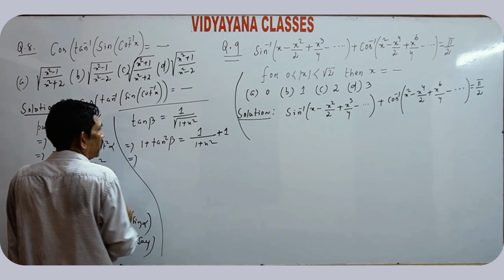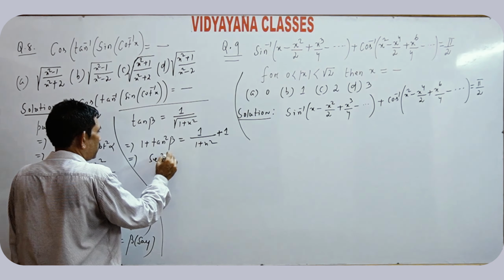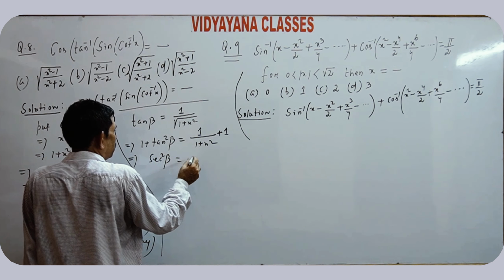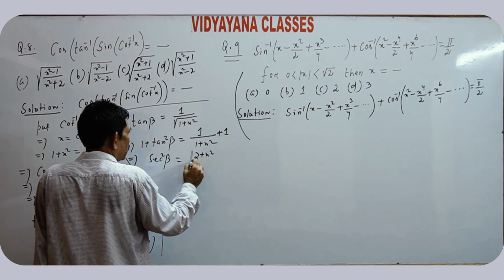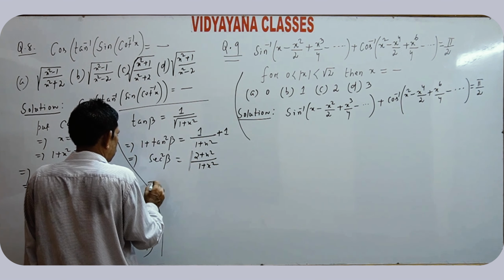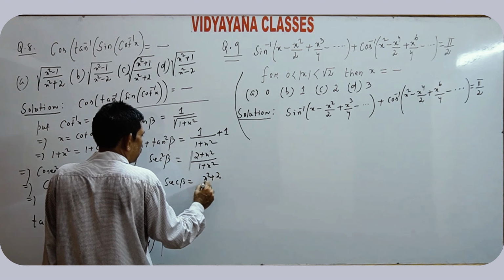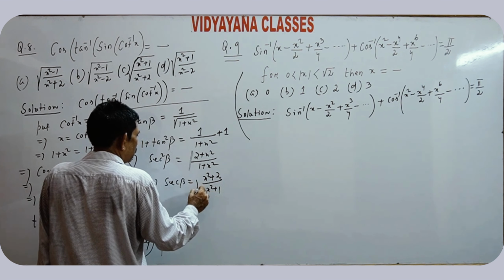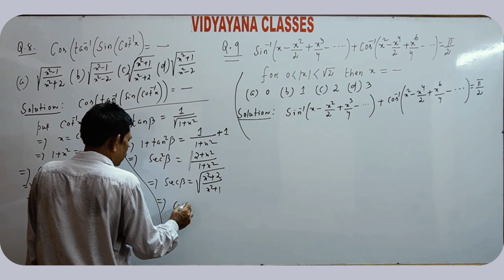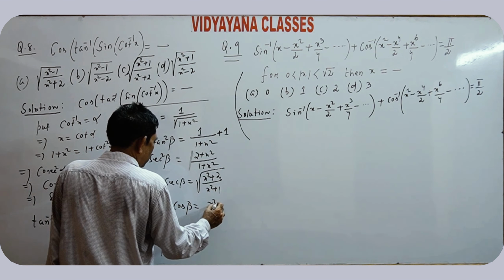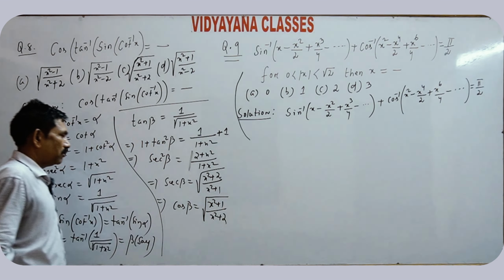Which implies 1 plus tan square beta is equal to sec square beta, which is same as 2 plus x square divided by 1 plus x square. Sec beta is equal to square root of x square plus 2 divided by x square plus 1. Cos beta is equal to square root of x square plus 1 divided by x square plus 2.